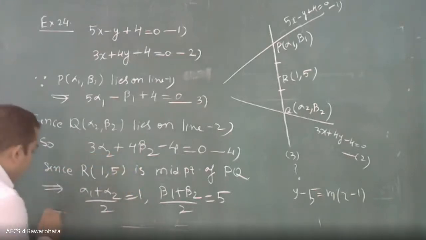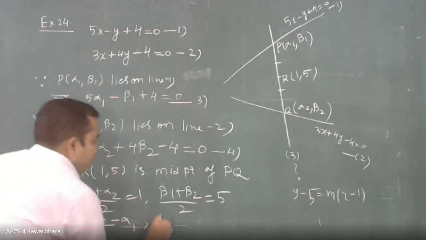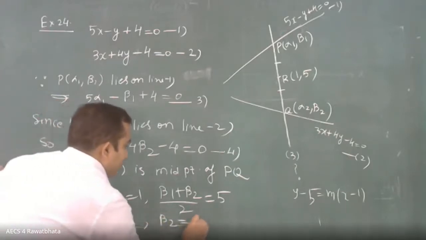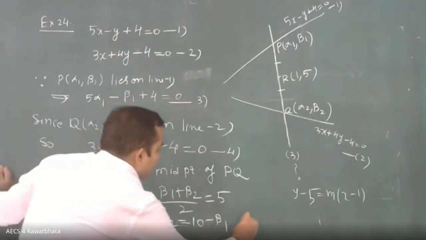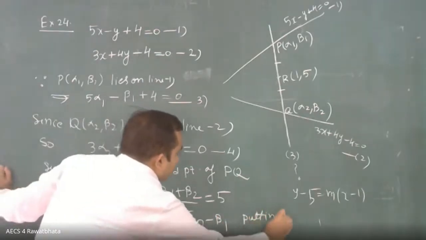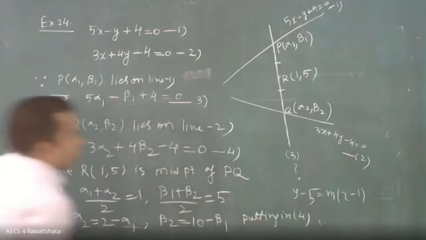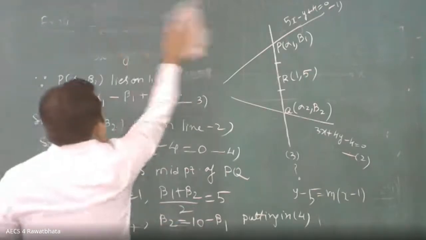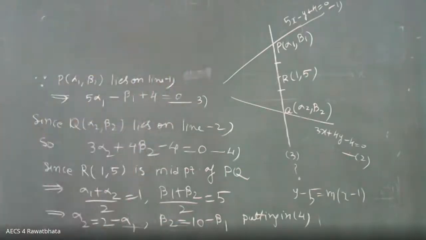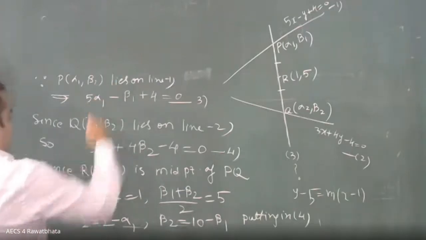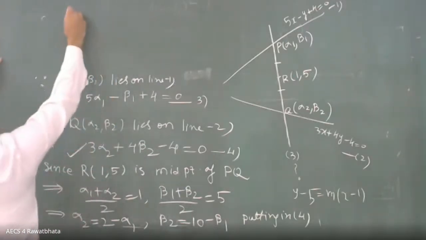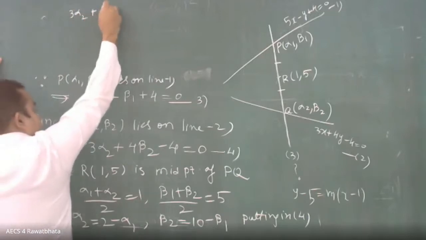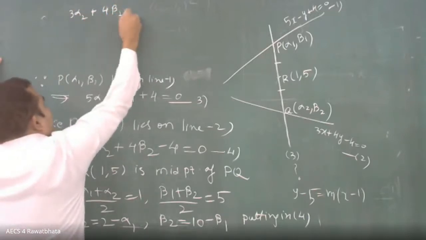So if I get the value of alpha 2 from here, alpha 2 will be 2 minus alpha 1 and beta 2 will be 10 minus beta 1. These things putting in 4. So let us substitute these things in equation number 4, and this will become 3 alpha 2 plus 4 beta 2 equal to 4.